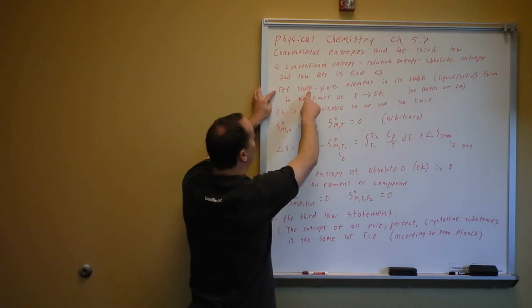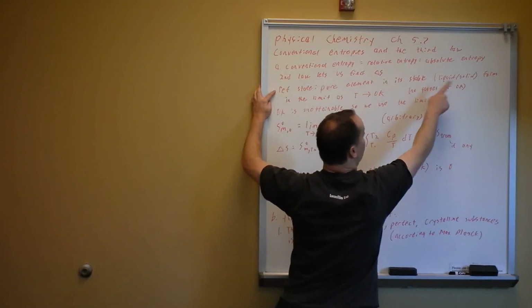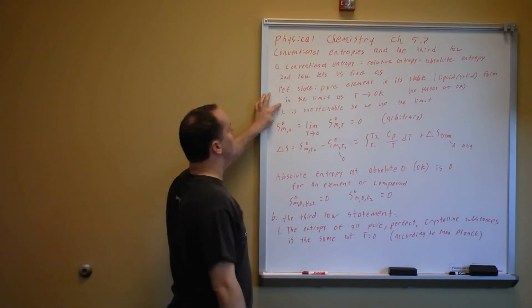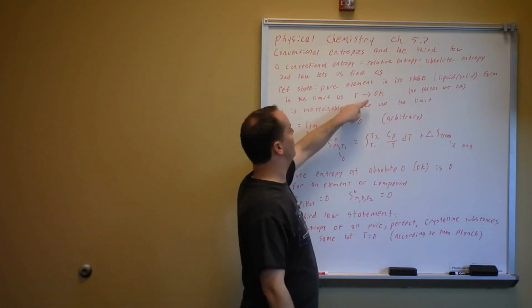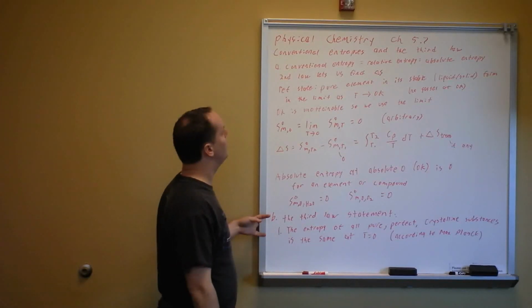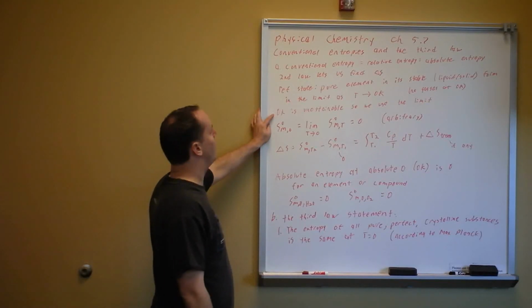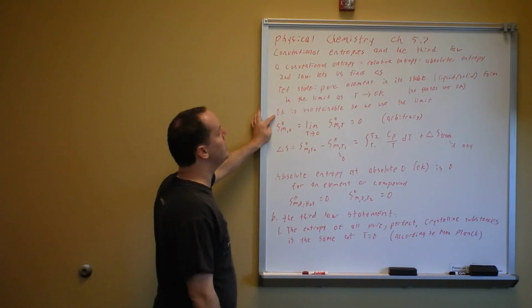The reference state for finding entropy is a pure element in its stable liquid or solid form in the limit as temperature approaches 0 kelvins. Remember, there are no gases at 0 kelvins, so this part's different from when we did enthalpy. Now 0 Kelvin is also unattainable.